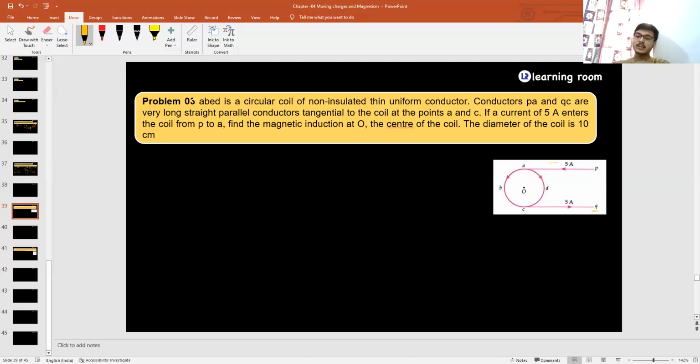But if we say that total current I is coming and that will be divided into I1 and I2, how will you divide I1 and I2? This is a very good question. Tell me, how would you divide I1 and I2?